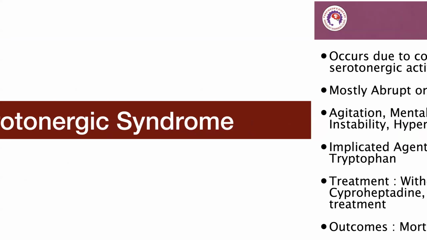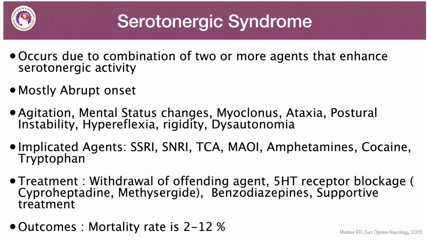Next movement disorder emergency would be serotonin syndrome. As we discussed in the previous section, it occurs due to a combination of two or more agents which enhance serotonergic activity. It is mostly abrupt in onset, with agitation, mental status changes, myoclonus, ataxia, postural instability, hyperreflexia, rigidity, and dysautonomia.